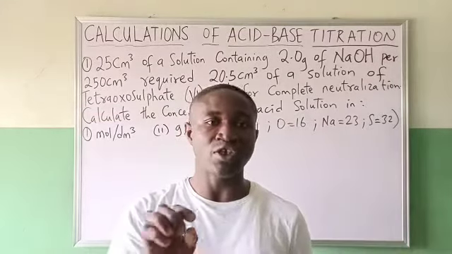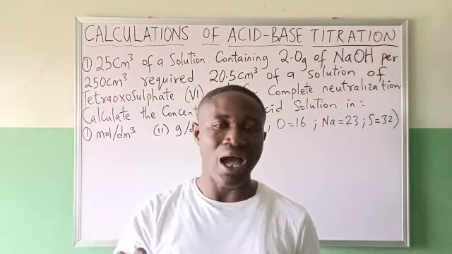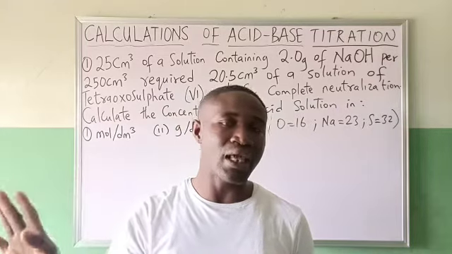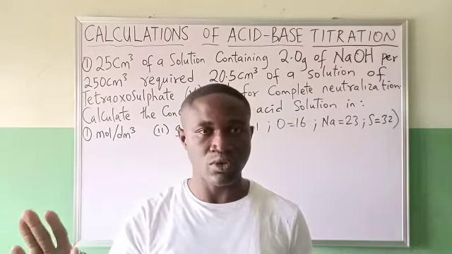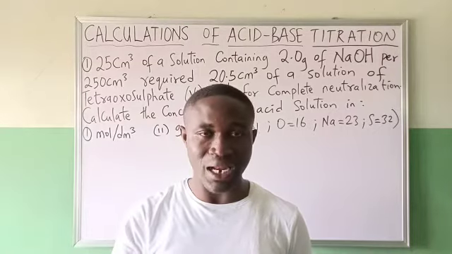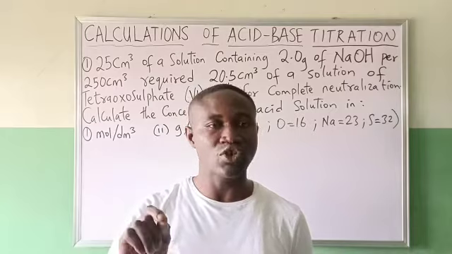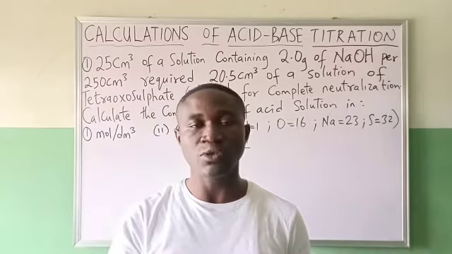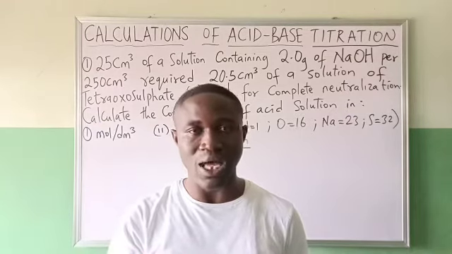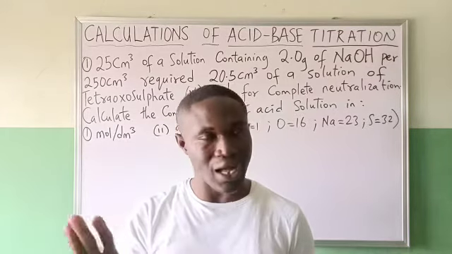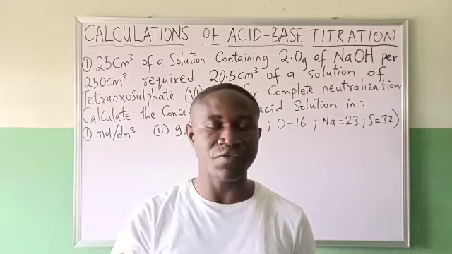When you have a strong acid and strong base, we use any indicator available to do the volumetric analysis. When you have a weak acid against a strong base, we use methyl orange. When we have a weak base and strong acid, we use phenolphthalein.